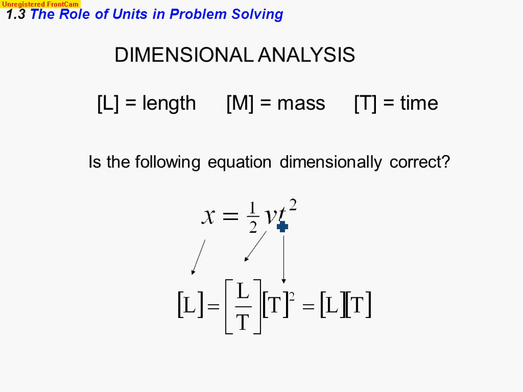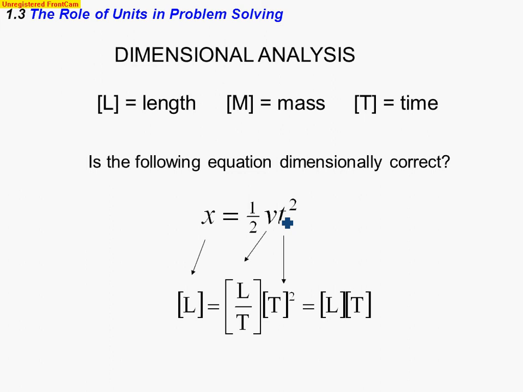So in this case, we see that we have an equation x equals 1/2 times v times t squared. Now x stands for distance or length, so we're putting in an L for length. And then we don't need to put in this 1/2 because that's just a number. There's no quantity associated with that, so that's not going to affect the dimensions that we're dealing with. But v, speed or velocity, that is a length divided by a time. Length over time is velocity, or distance over time.